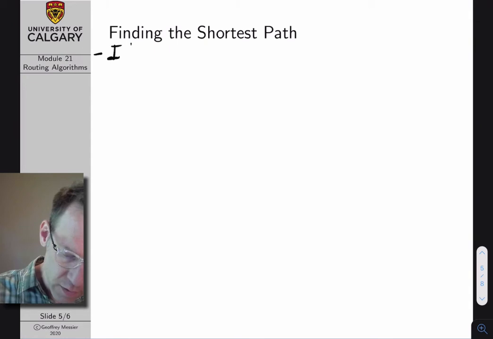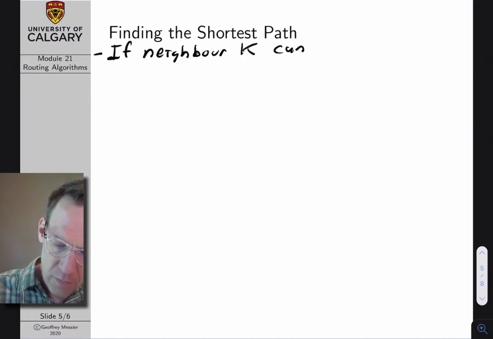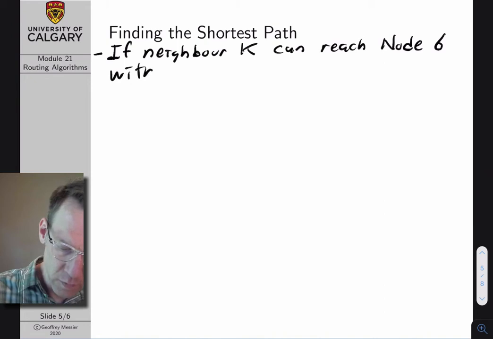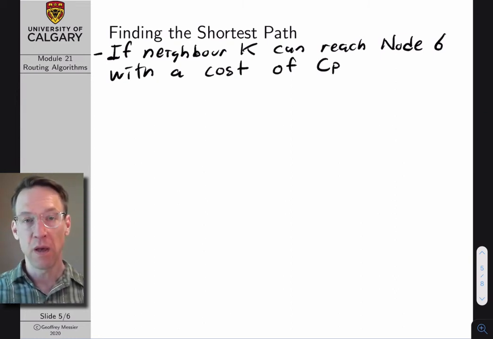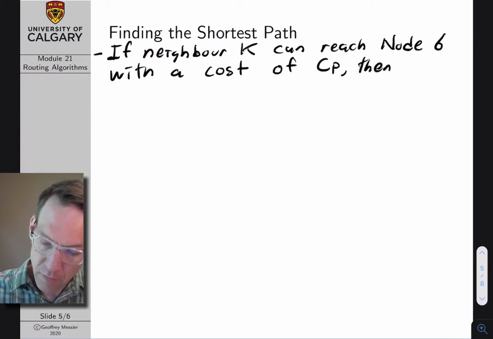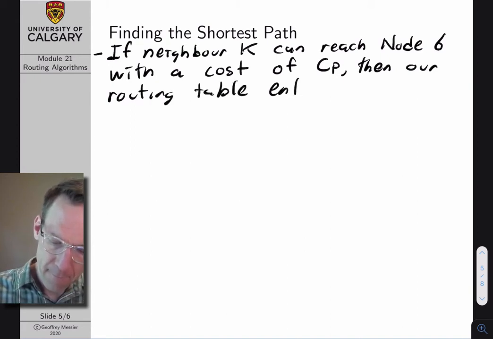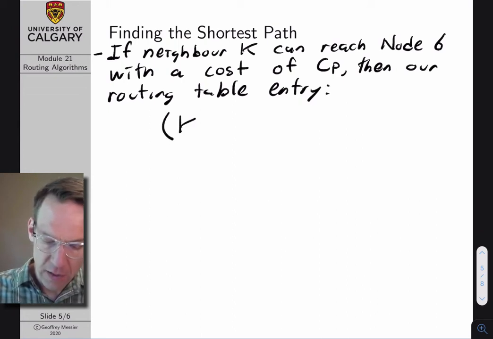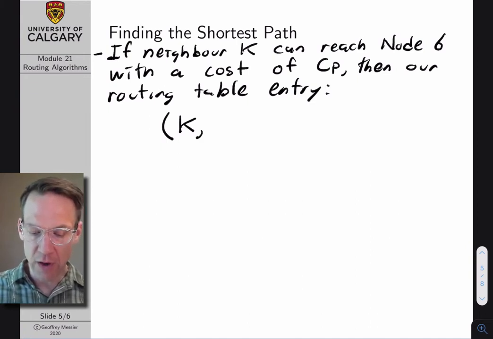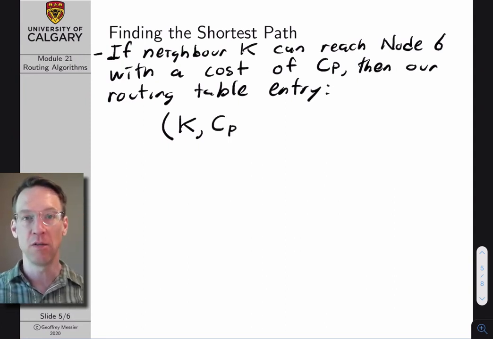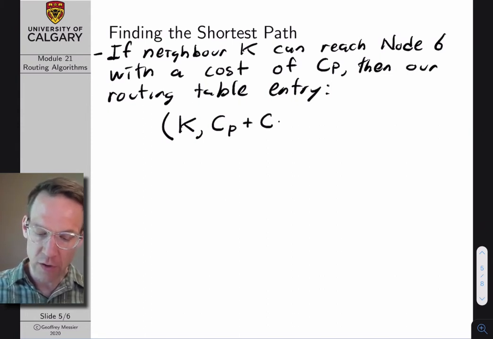So if neighbor K can reach node 6 with a cost of CP, then our routing table entry would be K, neighbor K as our next hop, and then the total cost to reach node 6 would be however much it's costing our neighbor to send the packet to node 6, plus however much it costs us to reach our neighbor.